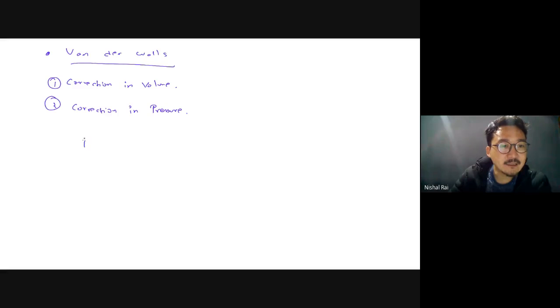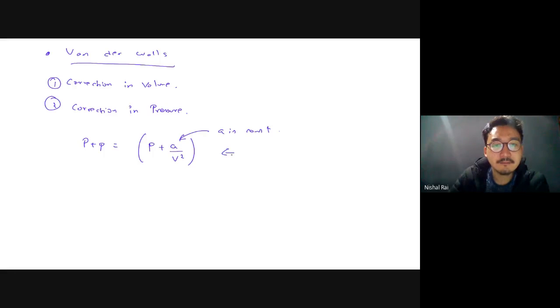Now he added a certain quantity for the pressure, which was given by a by V square, where a is a constant. This is the pressure correction. And for the volume correction, he added a quantity, which is V minus b.